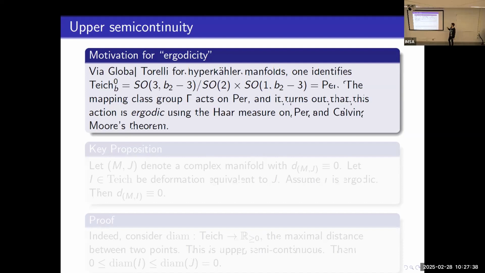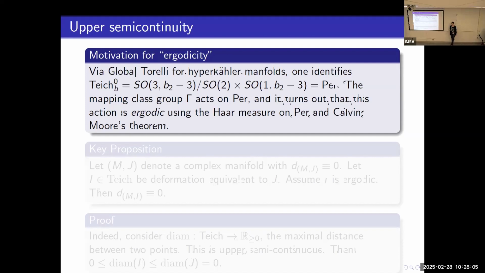And the action of the mapping class group descends as an action on this period domain. And it turns out that this action is ergodic in the usual ergodicity sense, using the measure which is the Haar measure on the period domain, because you have a quotient of Lie groups.